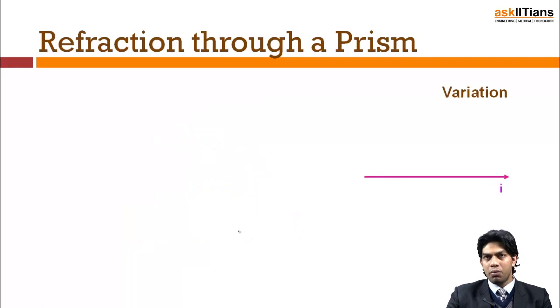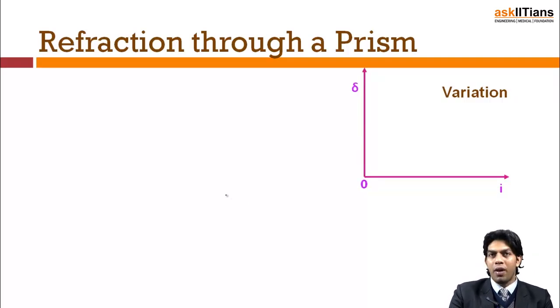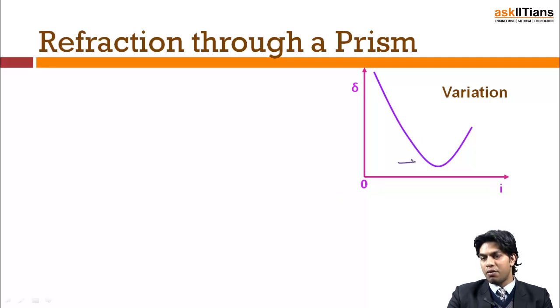Now we just need to first study the variation of deviation with the angle of incidence, and find out the minimum and the maximum and how it varies as we change the angle of incidence from 0 to, let's say, 180 degrees or even 90 degrees. So this is the variation which we have plotted. We can clearly witness that there is some sort of minima in the picture.